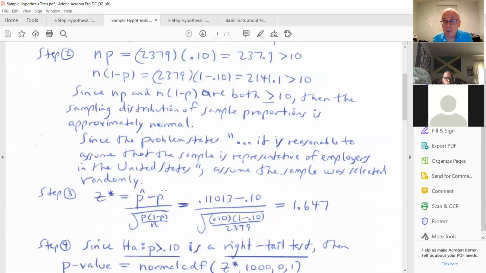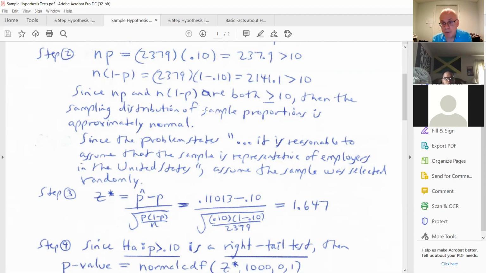So I've now completed step 2. I've mentioned that the problem in some way stated random selection, and number 2, it shows you through these calculations that the sampling distribution is approximately normal. Those are the 2 assumptions that you have to check. Random selection and whether the sampling distribution is normal or not.